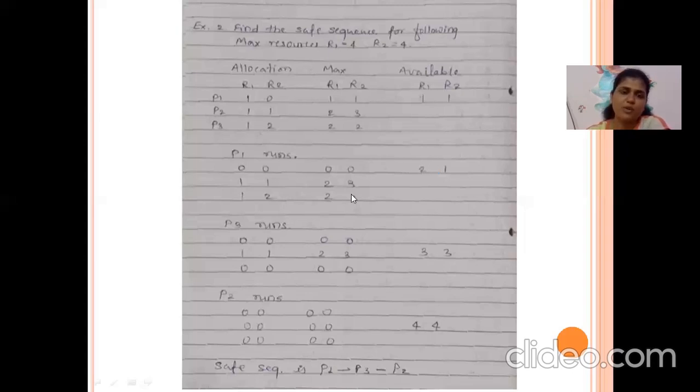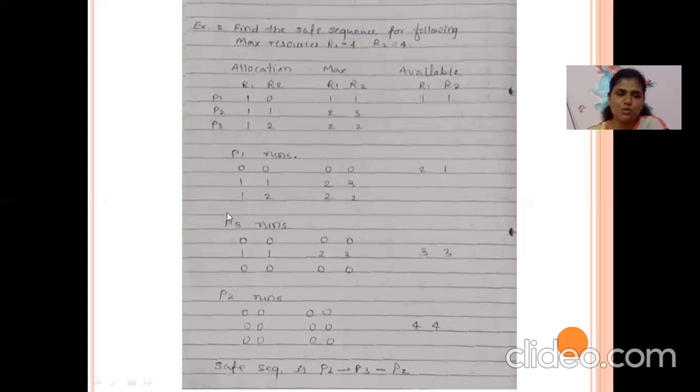It will be given to the process P3 and after completion, process P3 will release all the resources which are in its allocated matrix and which were taken by it from the available matrix.